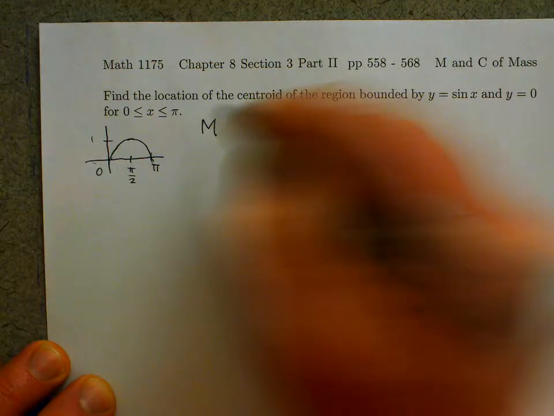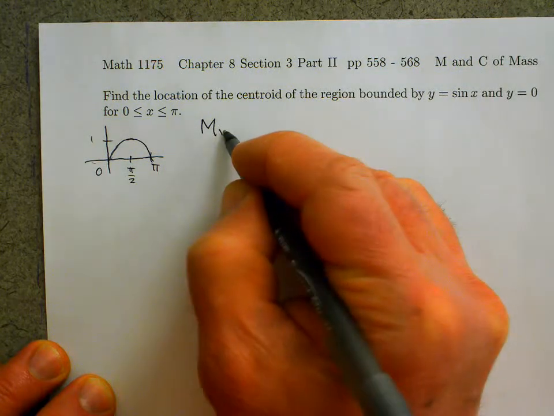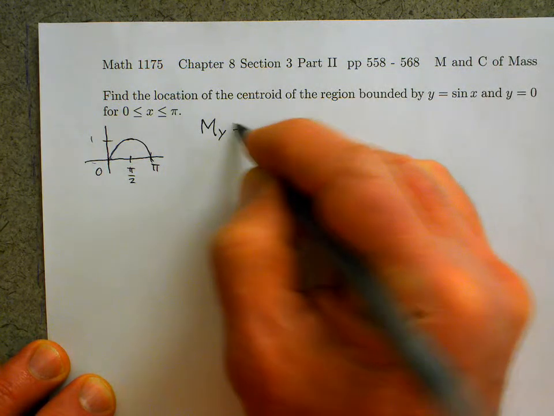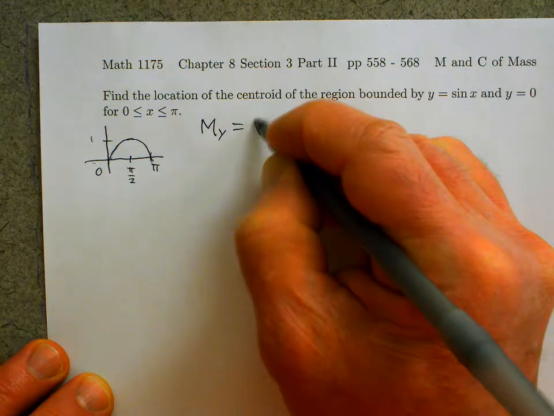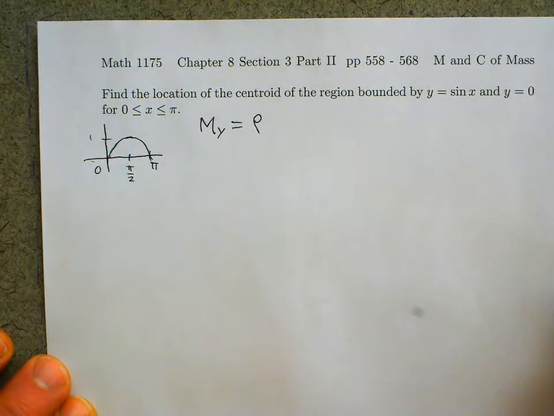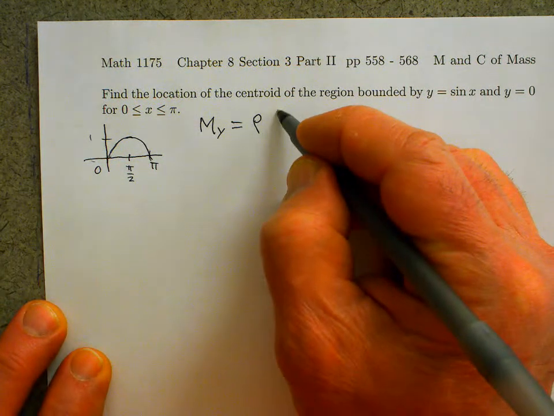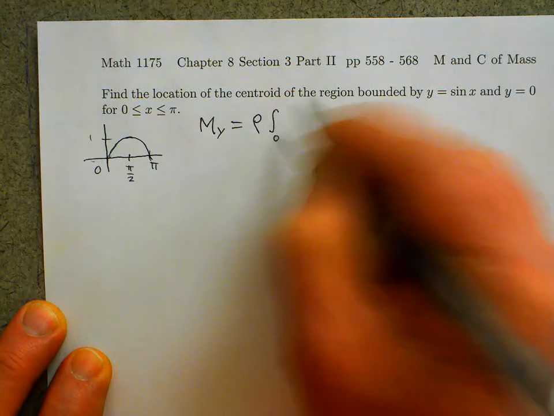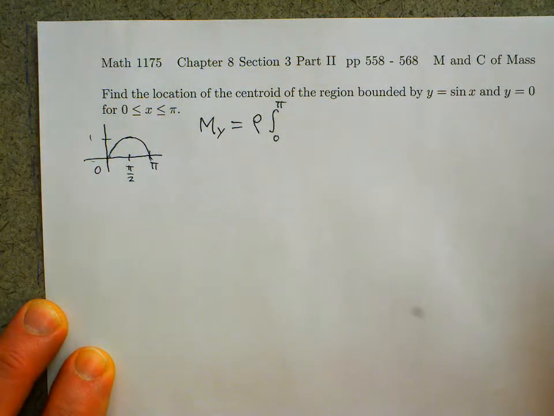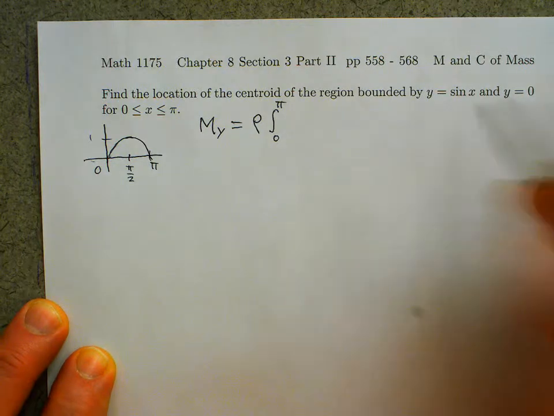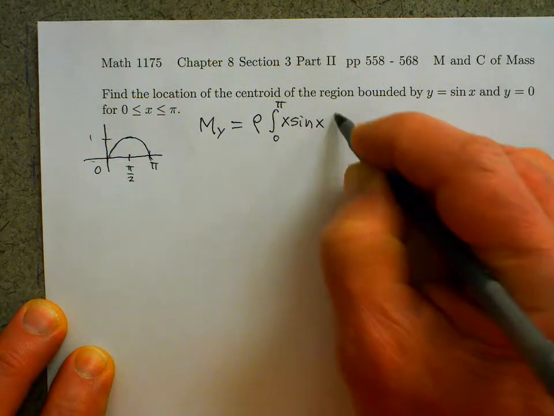Okay, so the moment of that region about the y-axis is rho times the integral from 0 to pi of x times f of x, where f of x is sine of x, so we have x times sine of x dx.